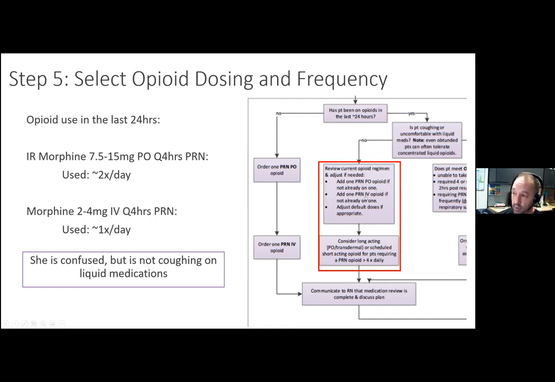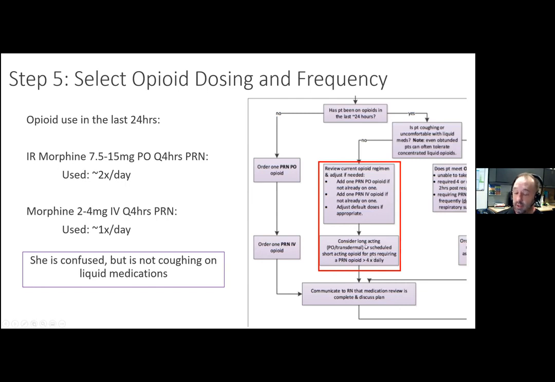For other patients who have been on opioids, typically we want to have a PO opioid available, again, even just for that duration of action, as well as an IV in cases where it's not feasible, or if you need a quicker onset, and we'll talk more about that. And then adjust the default doses if appropriate. So if someone's already using opioids and is using a different amount successfully than what's in the order set, go ahead and adjust those doses.